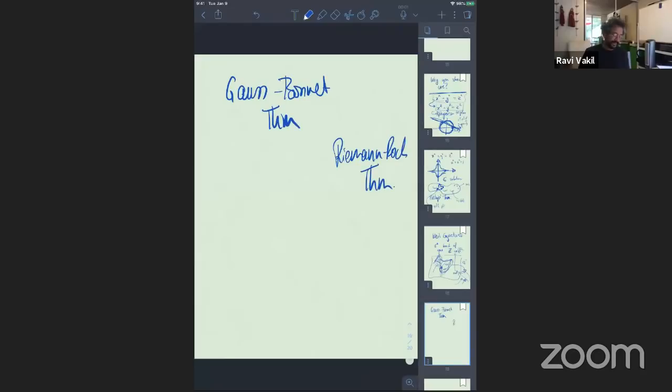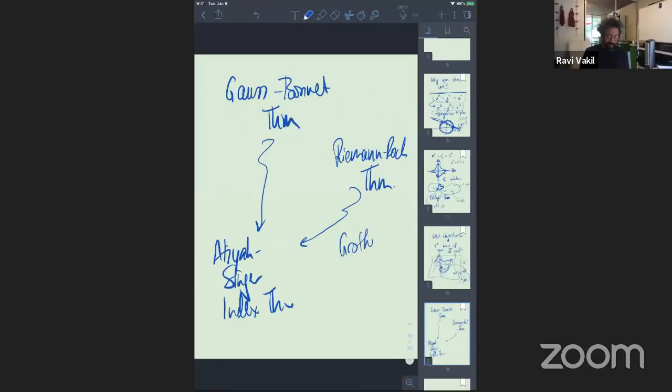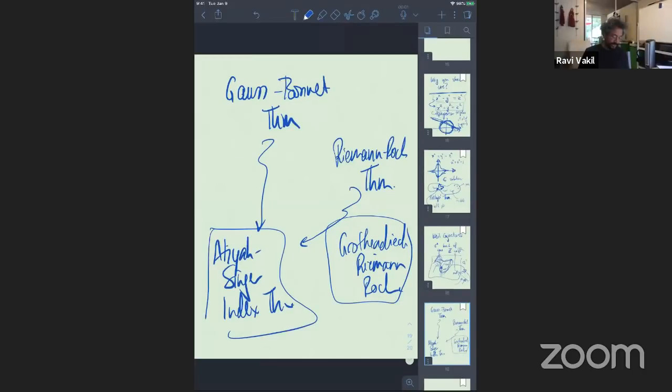And so there's a whole bunch of things that grow up to be, on one hand, the Atiyah-Singer index theorem. And really, it all came from Grothendieck-Riemann-Roch, which of course came from Grothendieck, not Riemann-Roch, and it was his ideas which made it clear what to do on this side as well.